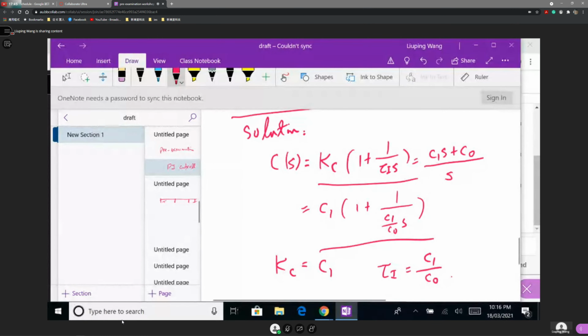So if I can find C1 and C0, then I can very easily convert them into Kc and tau I.